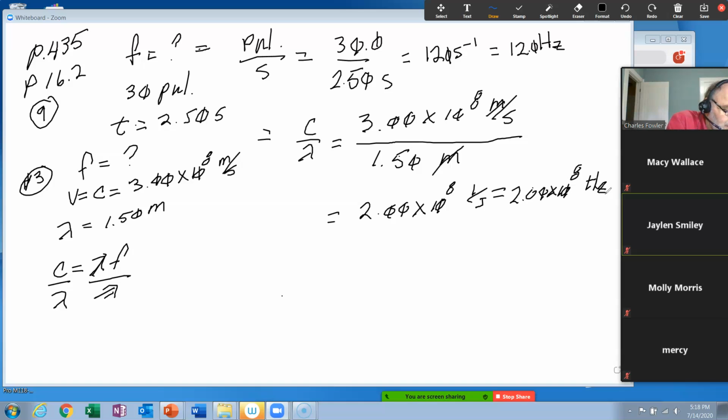Go up and you have something like on the order of 10 to the 8th. So that makes sense. The frequency would be cycles per second, which would be hertz. So 2.0 times 10 to the 8th, that sounds reasonable. All right, good deal. Any others?